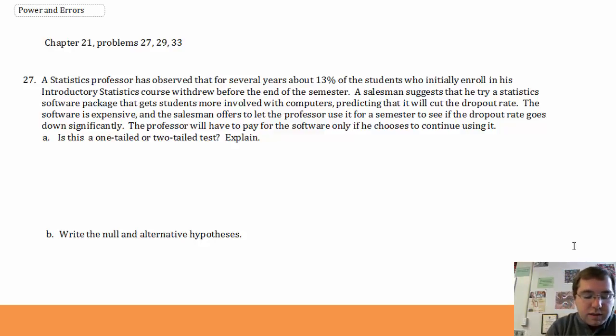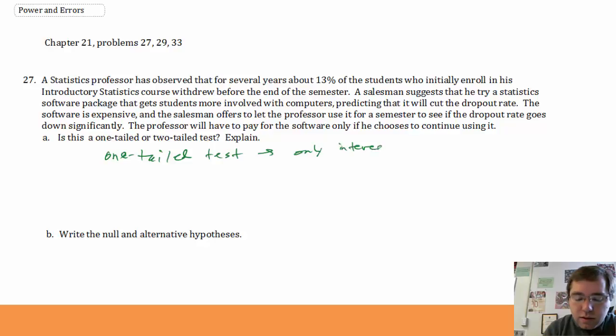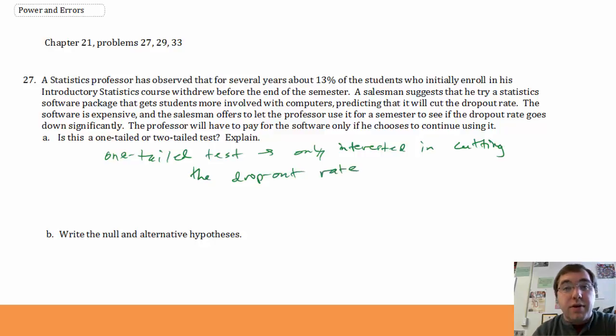So it's a one-tailed test, since he's only interested in cutting the dropout rate. He's certainly not interested in raising the dropout rate.